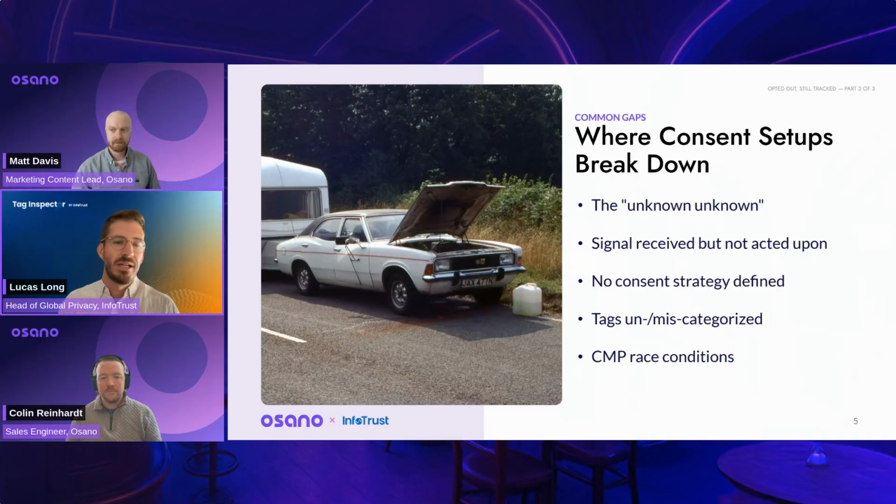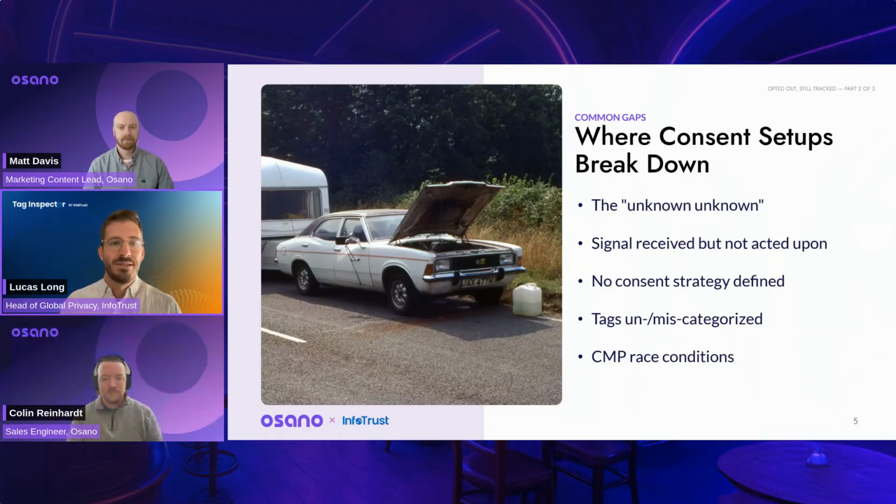The first one, and the most common in my opinion, is what I like to call the unknown unknowns. We're just not aware that a particular tag is loading on a website. Maybe a team has added it and it hasn't gone through a proper review process, or something legacy is still running on some subsection of the website. Those are the ones that fall through the cracks, and those unknown unknowns are the ones that really come back to bite organizations.